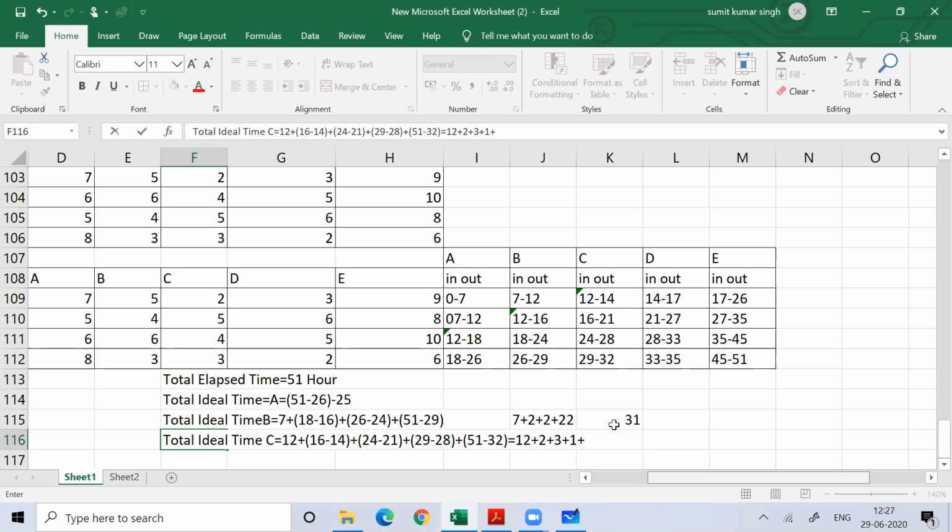This is 19. So this is 12 plus 2, 14. 14 plus 3, 17. 17 plus 1, 18. 18 plus 19, 37.